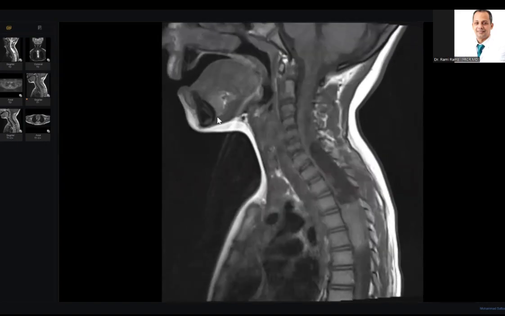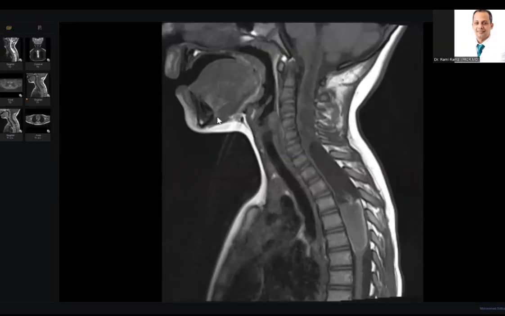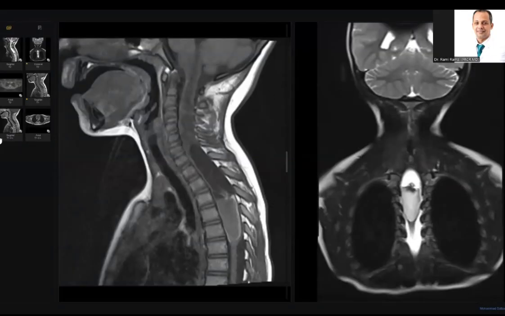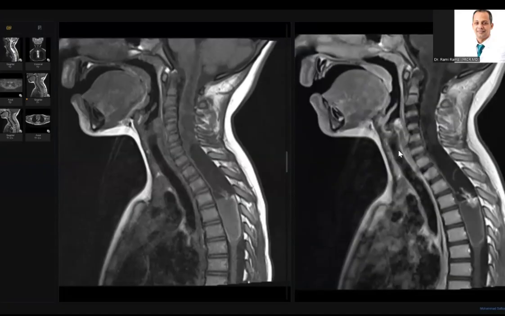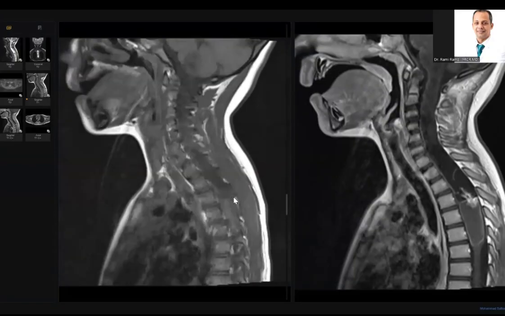This is the pre-contrast, this is the post.